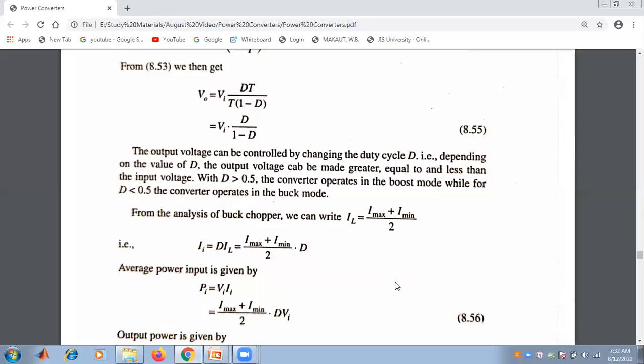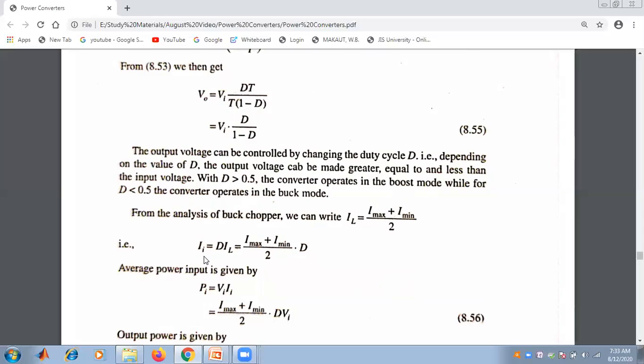Now from the analysis of buck chopper, we can write that the value of IL, that is the load current from the graph that we have seen, is the summation of maximum current plus minimum current divided by 2.